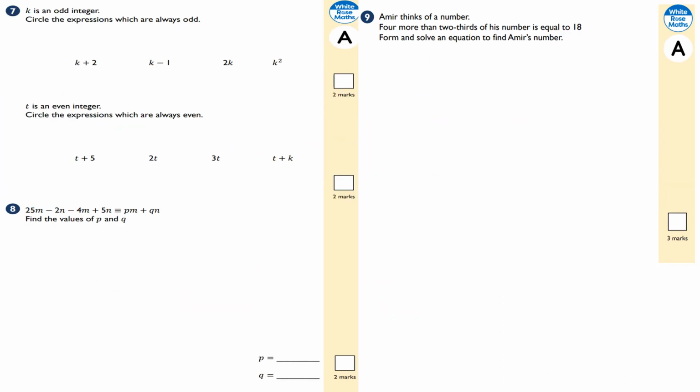This next question, question number 7. k is an odd integer, so which expressions are always odd? Well, an odd integer is in the form 2n plus 1, or 2n minus 1. Oh, I've put an h there, sorry.